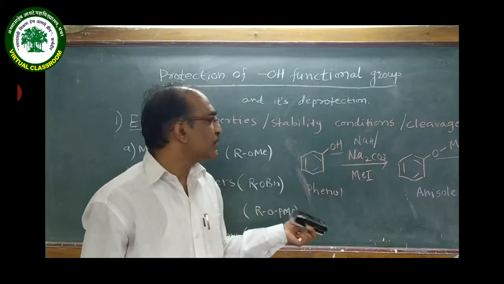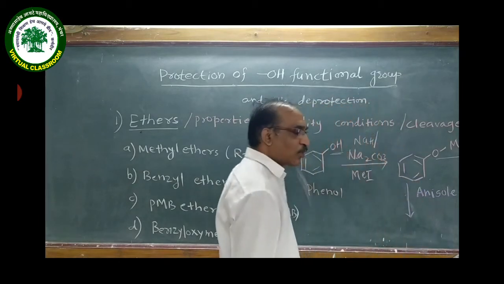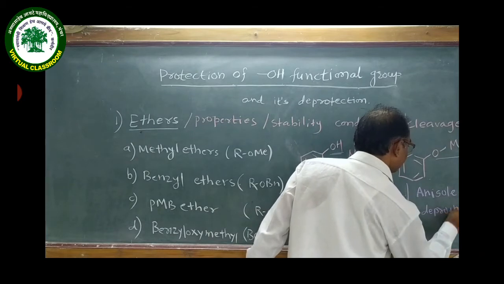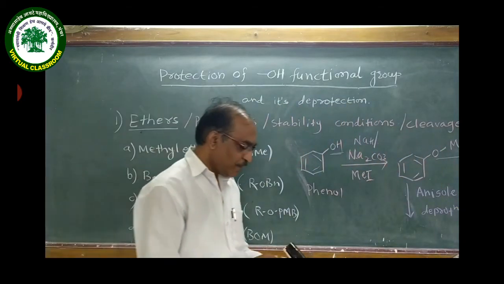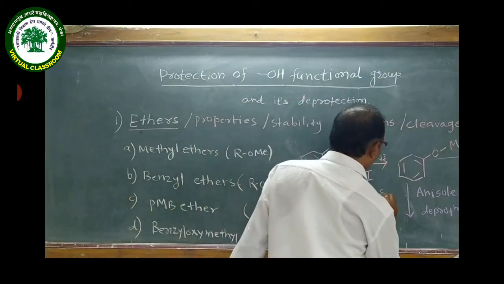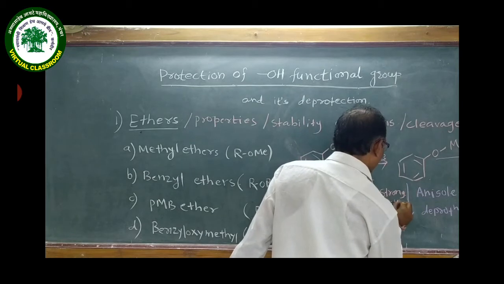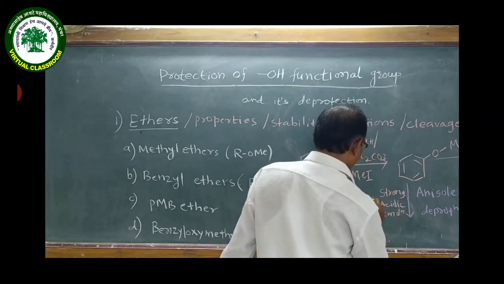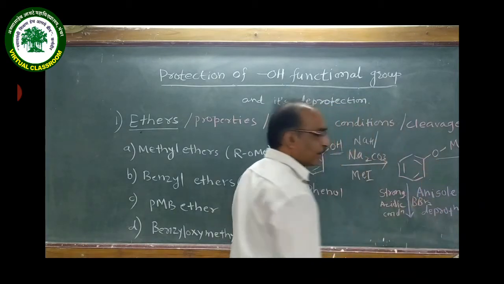We must remove this functional group. That removal of functional group is called deprotection. So while carrying out deprotection, as I mentioned before, we should use a strong acidic condition, and that condition is BBr3.